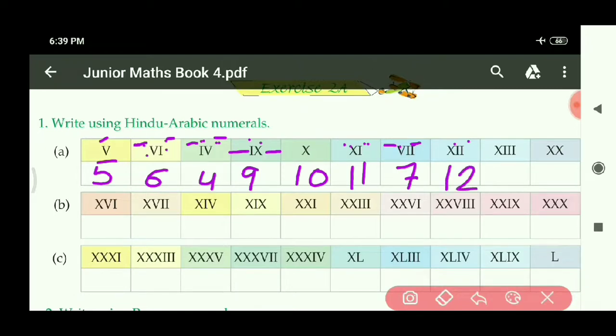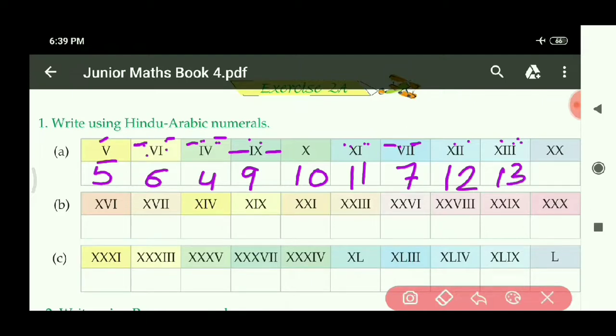Next XIII. X is 10. Here only addition is going on because X is the larger numeral and I is the smaller numeral, with the larger written before and the smaller after. So here also 10 plus 1 plus 1 plus 1. So it will be 10 plus 3, 13 only.